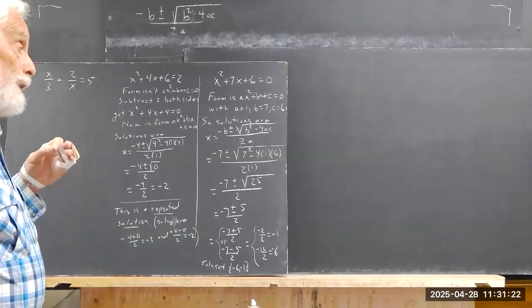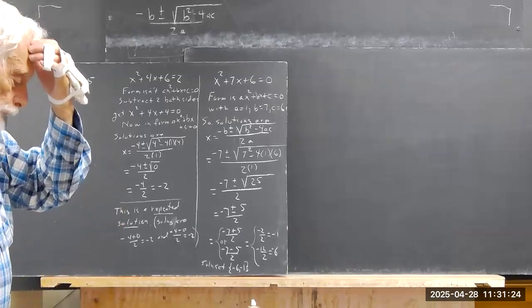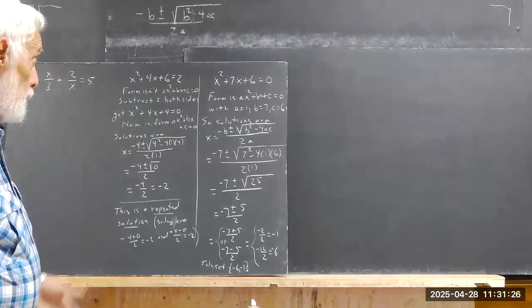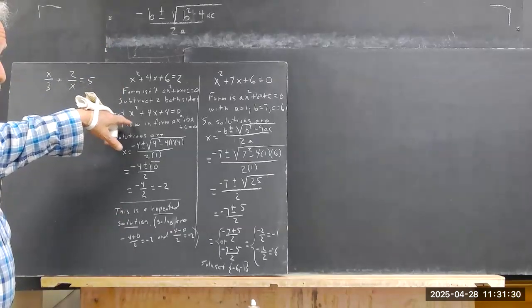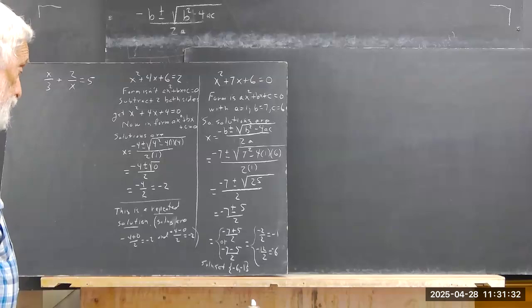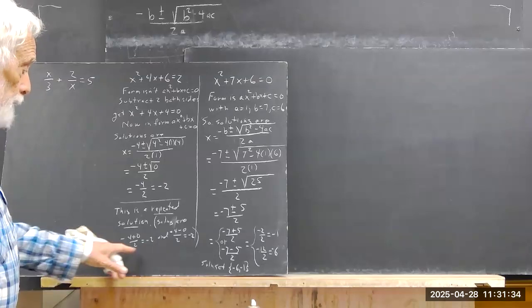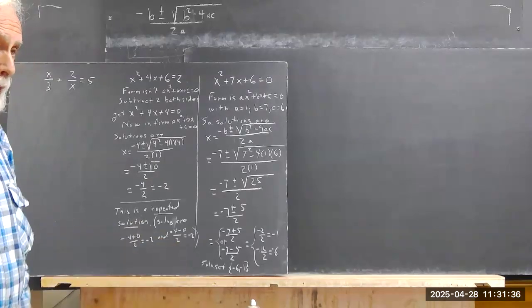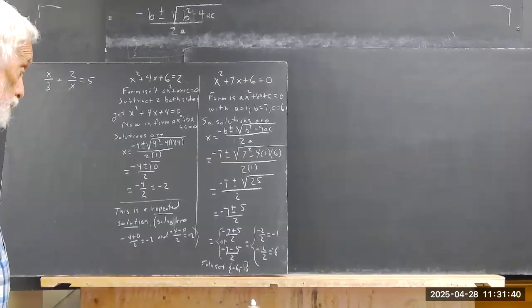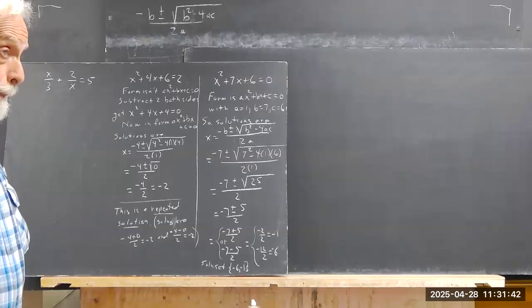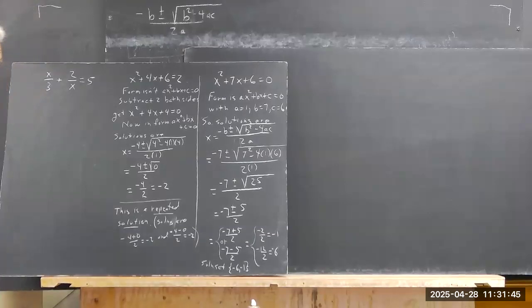And that has an important implication, more than one important implication, for the graph of this function. You want to graph this thing? It helps to know that you have a repeated solution at x equals -2. I'll even tell you what it tells us.